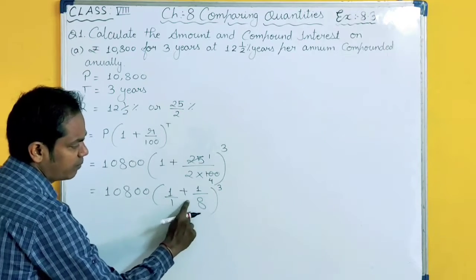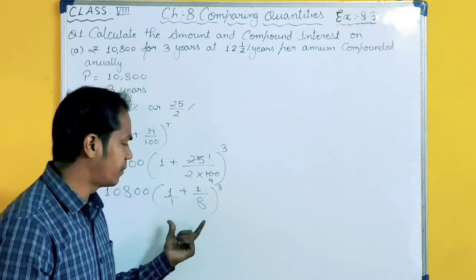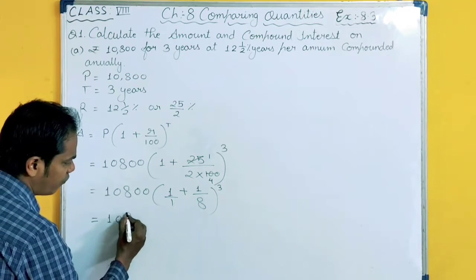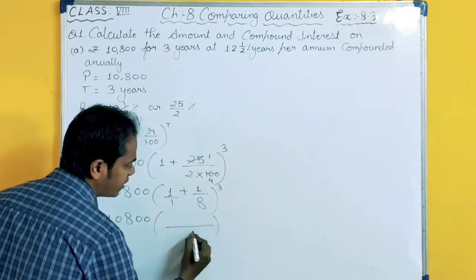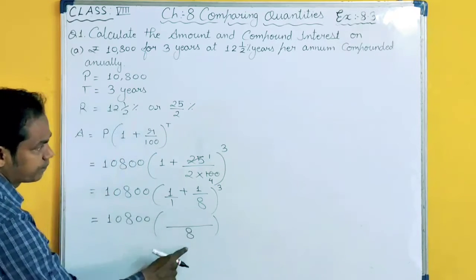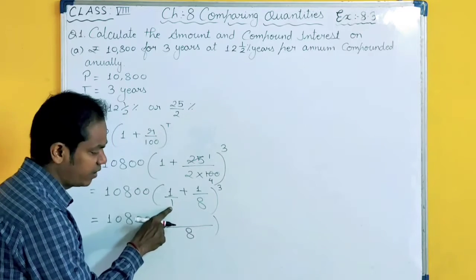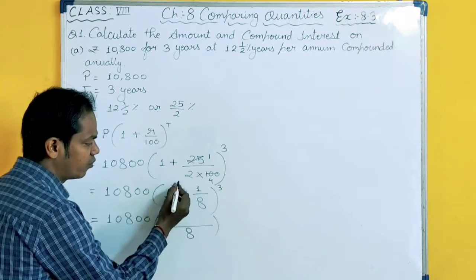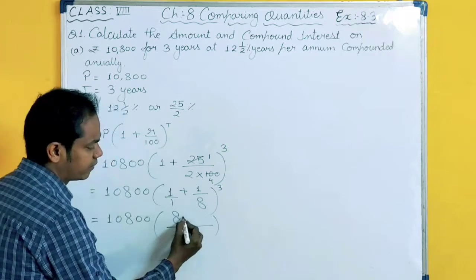Now 1 plus 1 upon 8. This can only be solved by taking LCM. You cannot solve it directly. So when you take the LCM of 1 and 8, what will you get? The LCM of 1 and 8 is 8 only. How many times does 8 come in this denominator? 1, so 8 ones are 8.